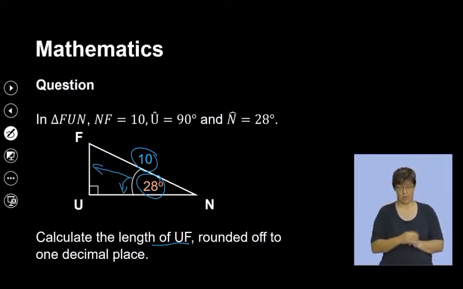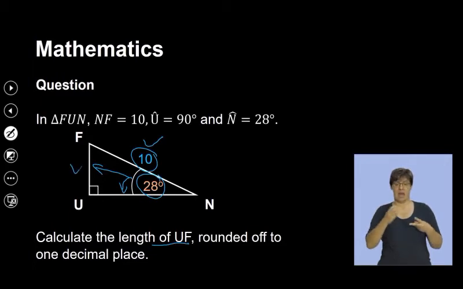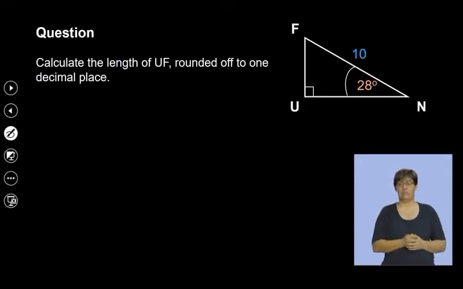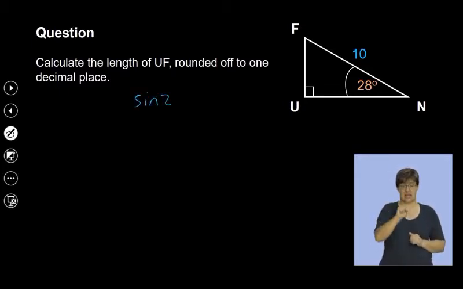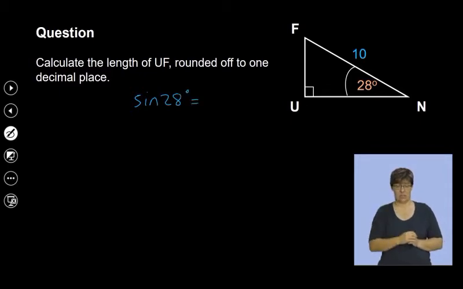So remember, I have the hype, I have the opposite, or I'm looking for the opposite, I have the angle, then my ratio will be the sine ratio. So to solve this, I will then use the sine ratio because of everything that I have. So this will be sine 28 degrees, which is equals to the UF, which is opposite, remember that, over 10, which is the hype.